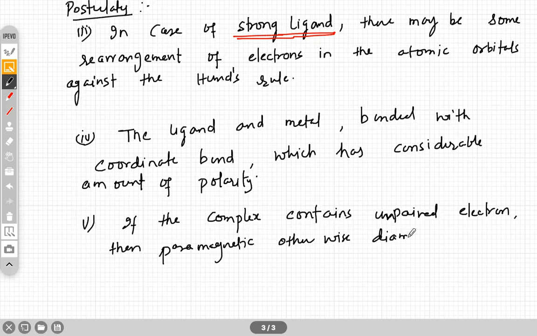Diamagnetic, if all electrons are paired. So the third point is the new thing we have here. Otherwise, you know all the other things, easy, right?